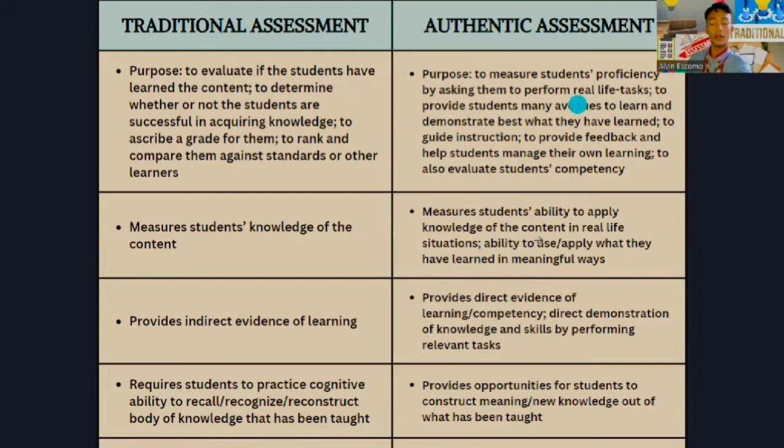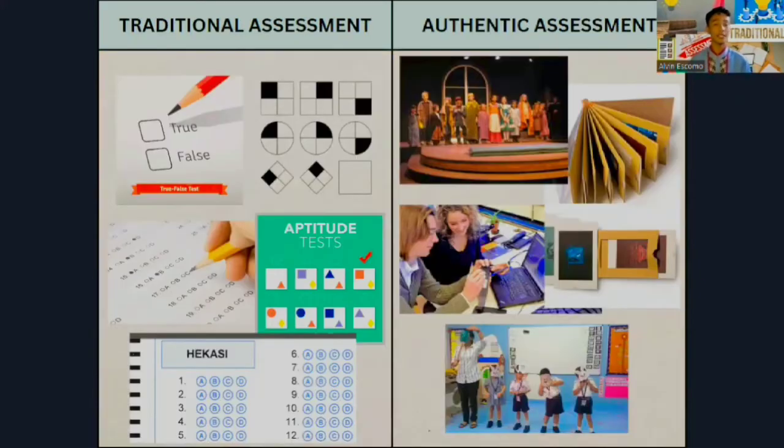So here are examples of the assessment. Traditional assessment examples can be true or false tests, aptitude test, achievement test, multiple choice tests, and many more. While for authentic assessment, it can be in the form of portfolio, role-playing activity, computer simulation, and many more.